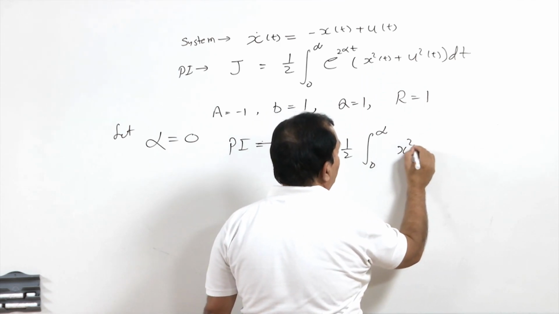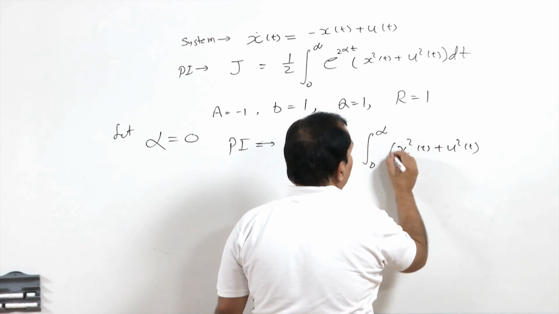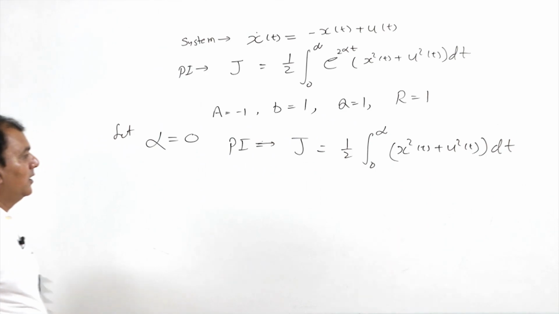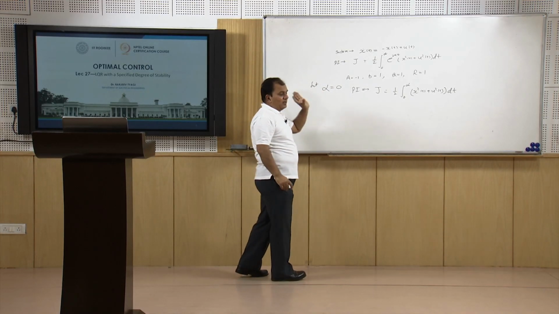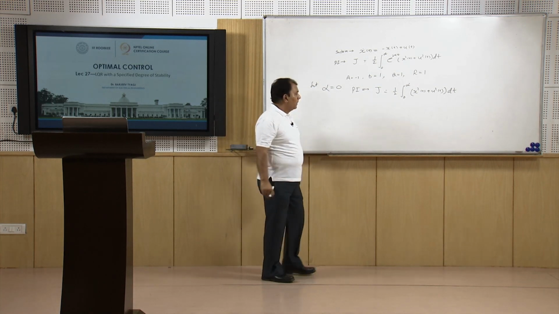So, this is nothing but x square t plus u square t dt. So, for this system, if I will find out what is my control law.